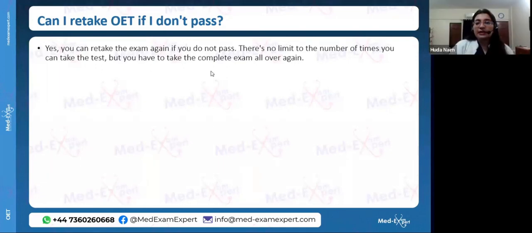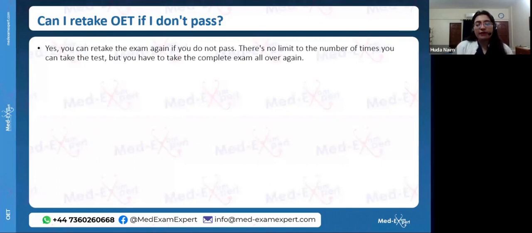Okay, so the pattern is different for both the exams. In the IELTS exam, you will be asked to write and speak about general topics. But in the OET exam, you are only supposed to communicate in your field of expertise. So doctors and medical professionals generally find OET easier as compared to IELTS, because it's only related to your own profession.